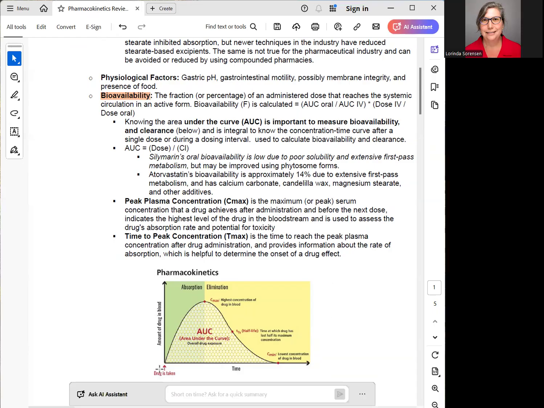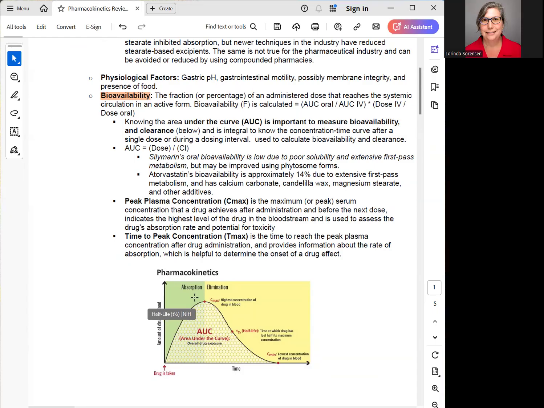So here the drug is taken, and then the area under the curve is how much is basically in the body. So at the top here, it's the maximum point, which is described as Cmax, the highest concentration in the blood. And then elimination and excretion happens.